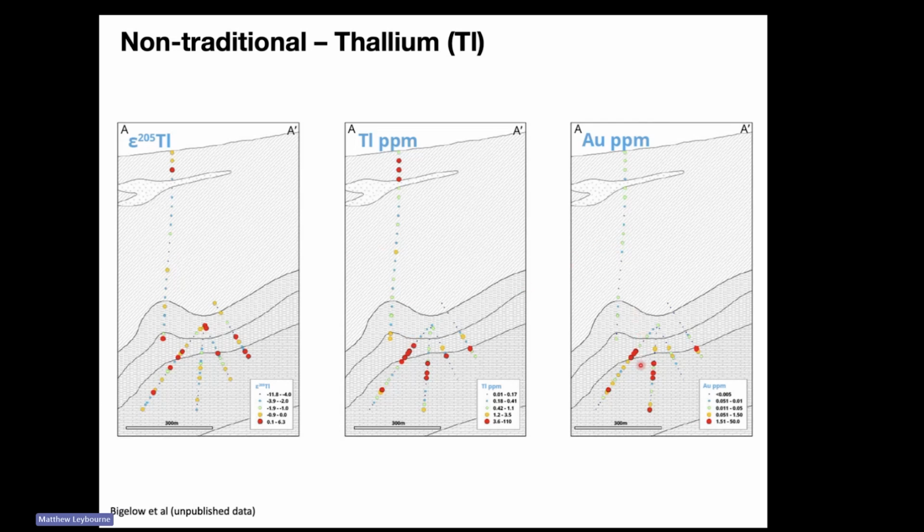So the red colors are hotter, higher gold, higher thallium, heavier thallium isotopes. So again, we see this nice variation where we have low thallium isotope values away from the deposit and higher thallium isotope values, higher thallium concentrations, and higher gold concentrations within the deposit.